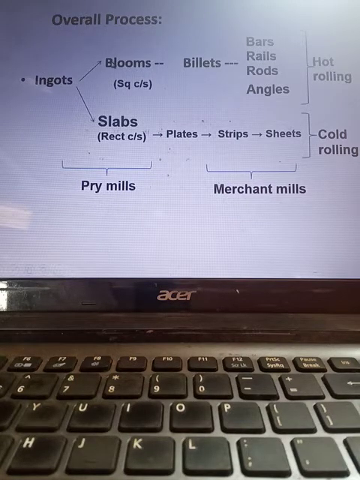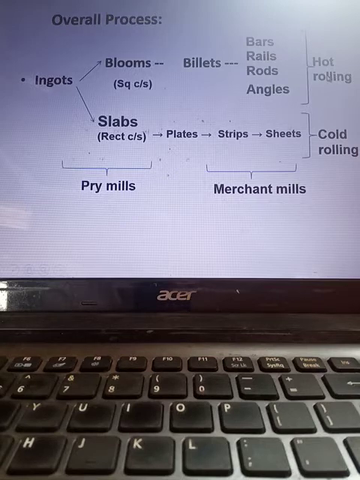All this goes on with the metal in the hot condition. That's why this line is called the hot line, or this type of rolling is called hot rolling.